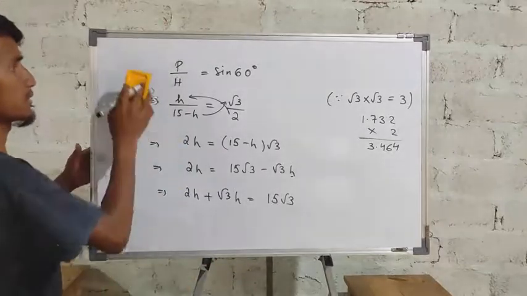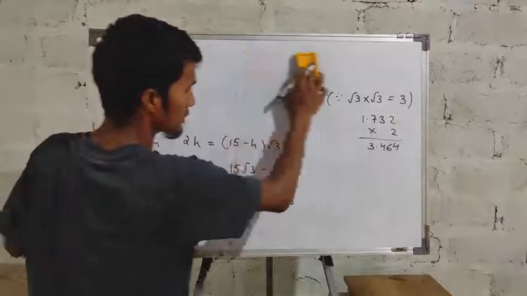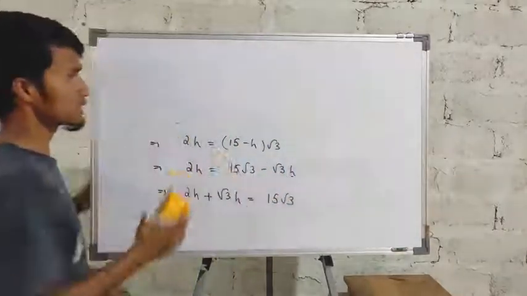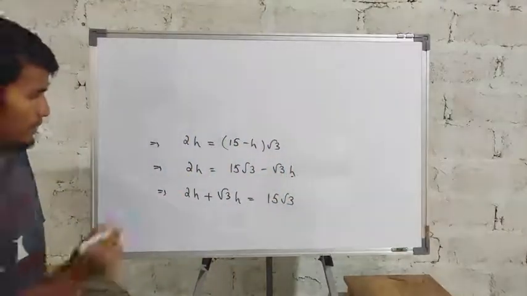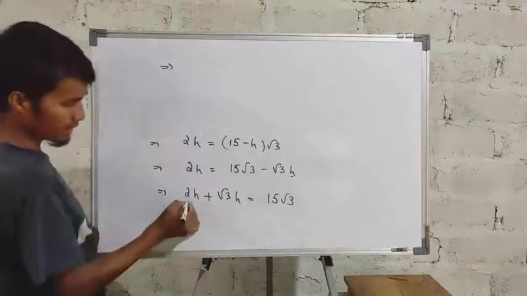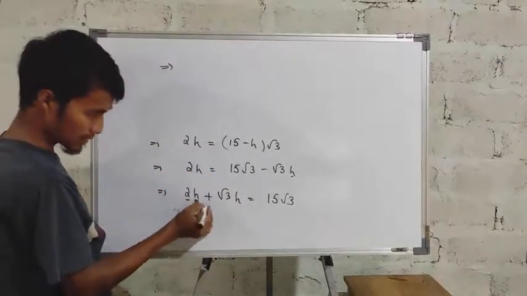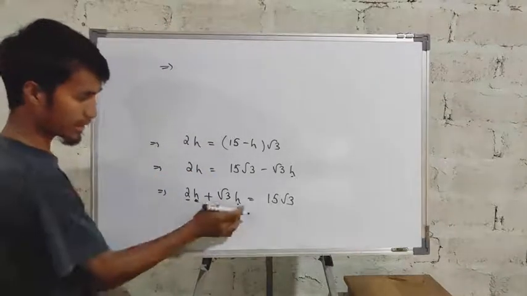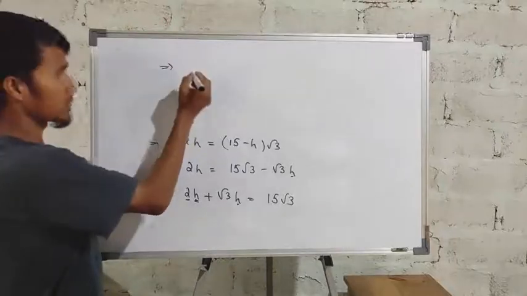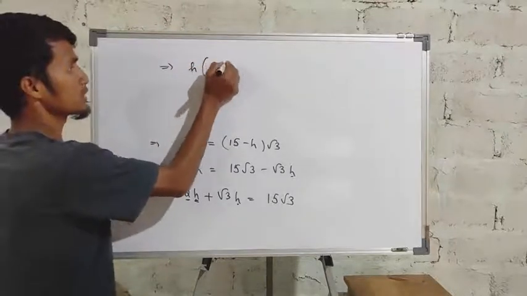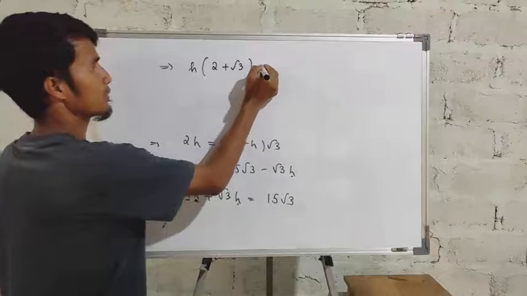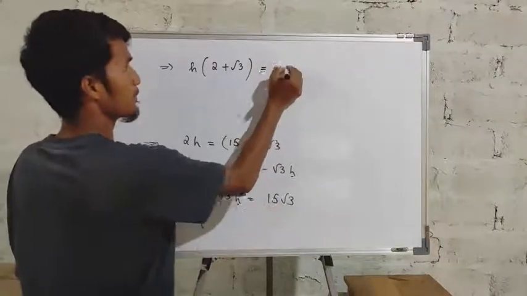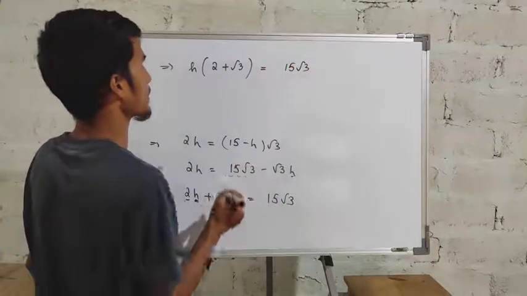Okay, we'll do like this. Now it becomes easier for us to do the division. Now here is h, and here also h. Now we can take common. Then h into 2 plus root 3 is equal to 15 root 3.